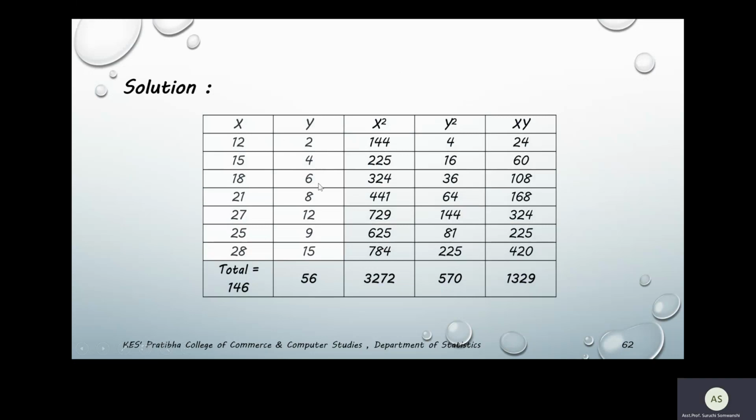Ultimately we need the sum of all these columns. So we take the sum of all the observations of these columns. We will get summation of x as 146, summation of y as 56, summation of x square as 3272, summation of y square as 570, and summation of xy as 1329.